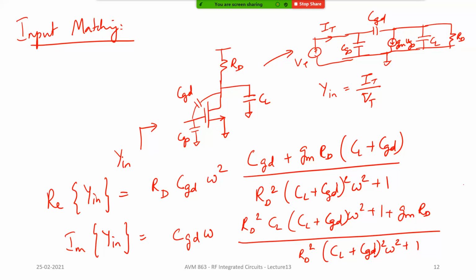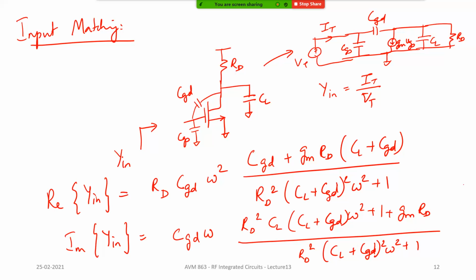Now what do you see? The first important thing that I want you to notice is that although we say that the input impedance of a MOSFET is capacitive in nature, we see that there is also a real part. The reason, of course, you can derive and see.